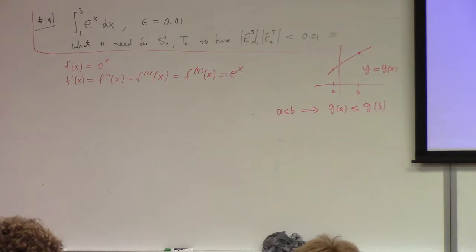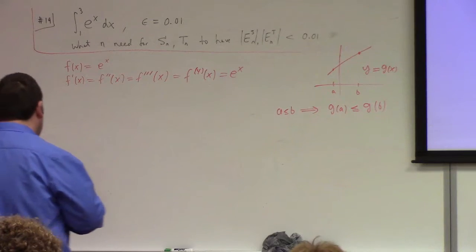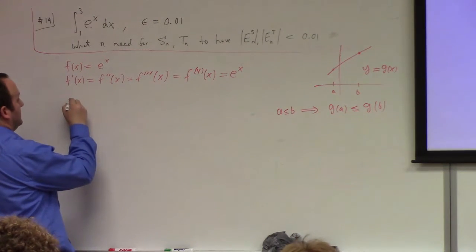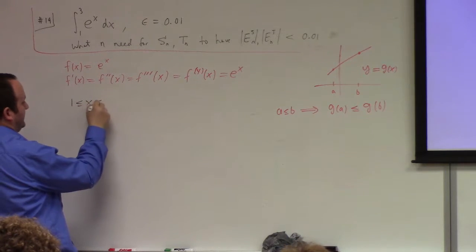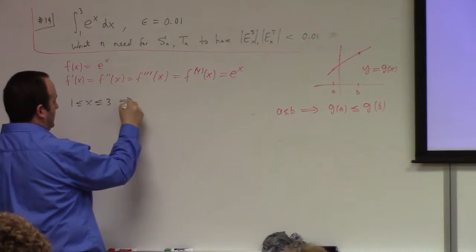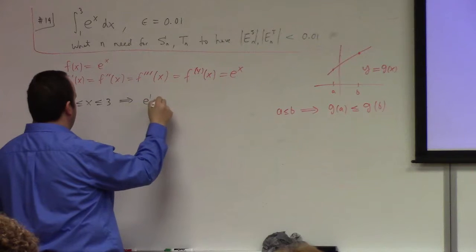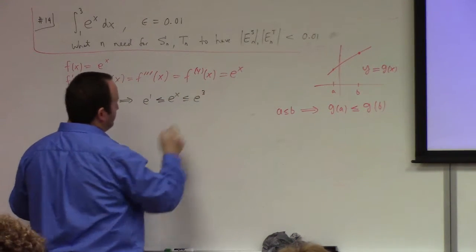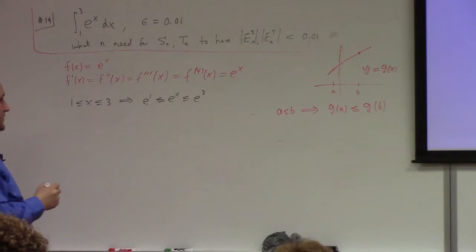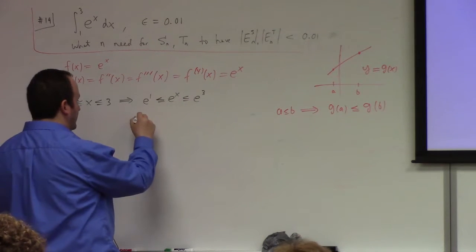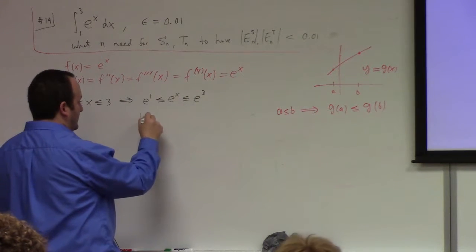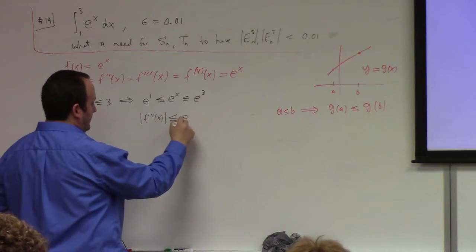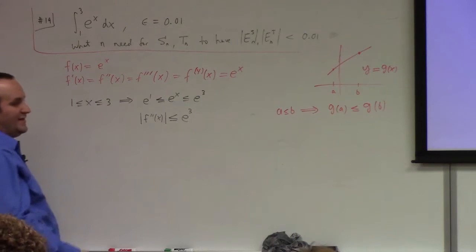That's what an increasing function does. So, among other things, if I think about 1 less than or equal to x less than or equal to 3, well, guess what? I have e to the 1 is less than e to the x is less than e to the 3. So, long story short, I can use that the second derivative of x is less than or equal to e to the 3. That's an M.